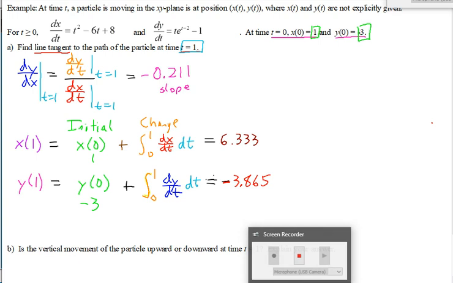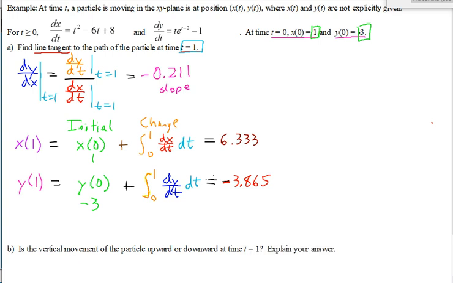So now that's our point of tangency. Just took a little longer to find the x and y coordinates. So the point of tangency is 6.333, negative 3.865. And we have our slope here as negative 0.211.